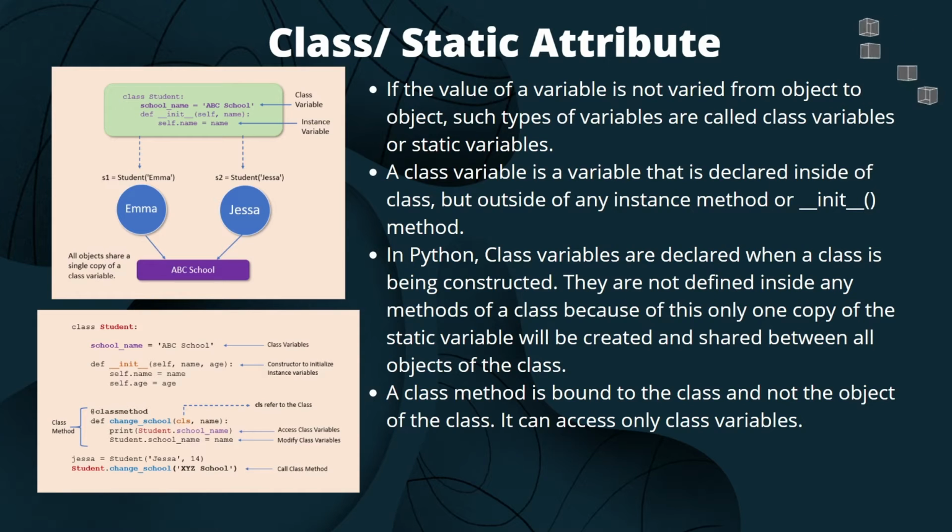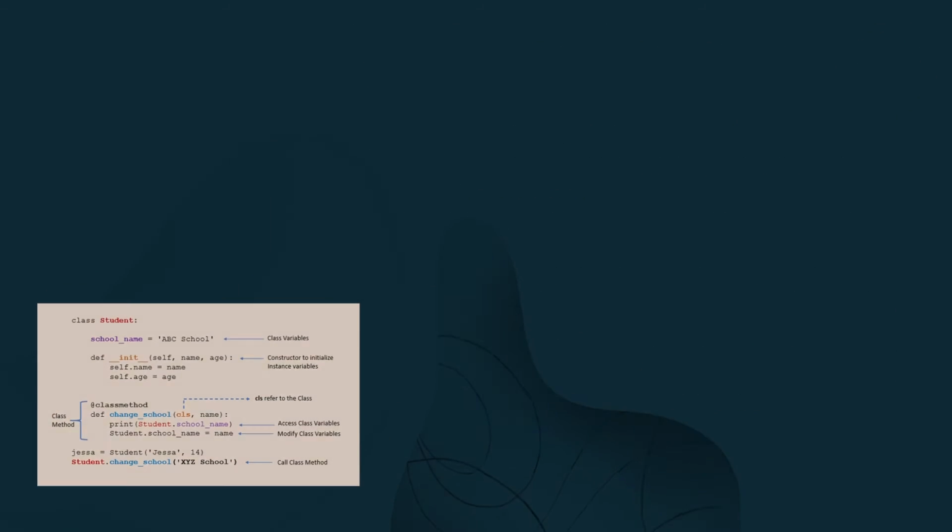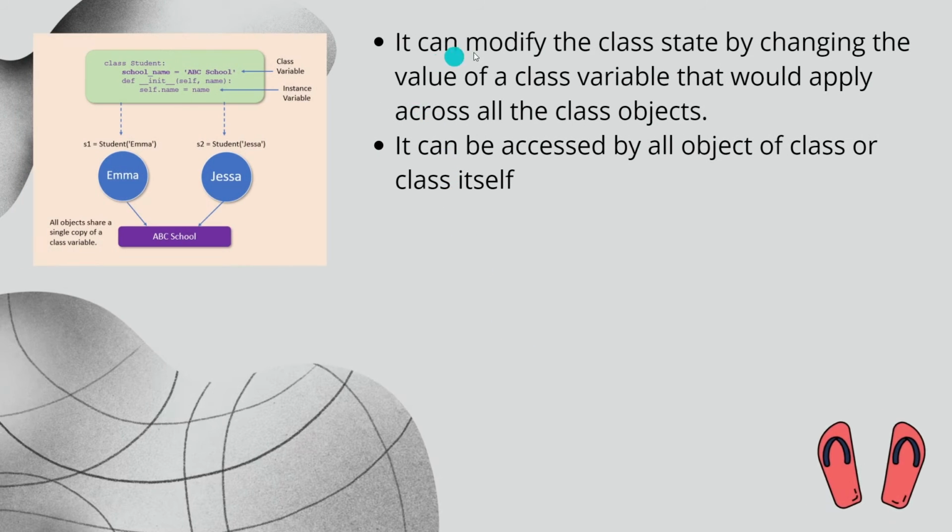And since it can access only class variables, using this class method we can also change or modify class or static attribute or variable. Continuing the same, you can see it can modify the class state by changing the value of a class variable that would apply across all the class objects.